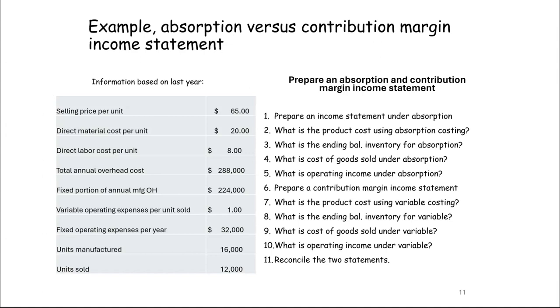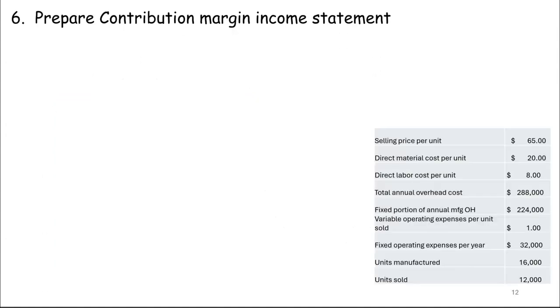So here's our example. What we have to do first is pull all of our variable costs. First, we're going to determine the variable portion of manufacturing overhead and total variable cost of goods sold per unit. I always like to do this first.